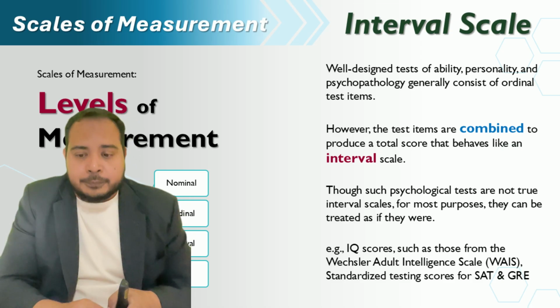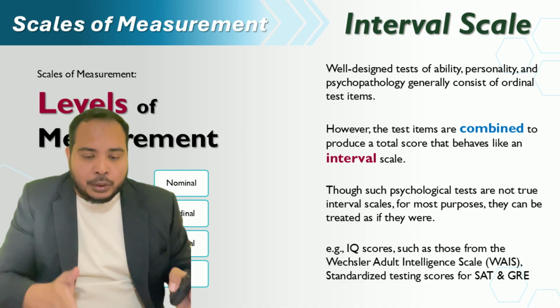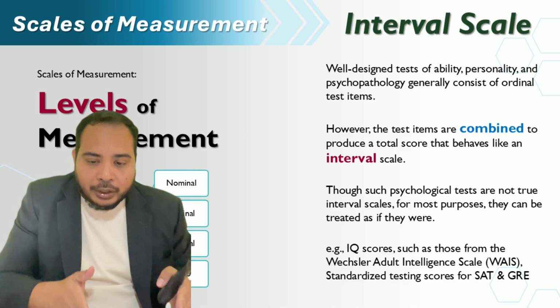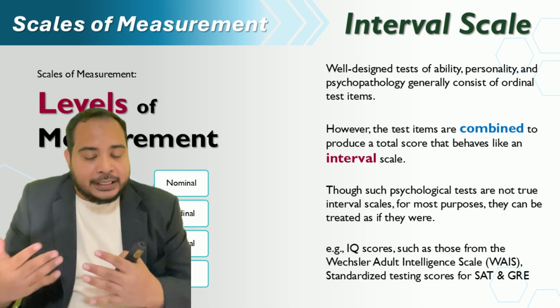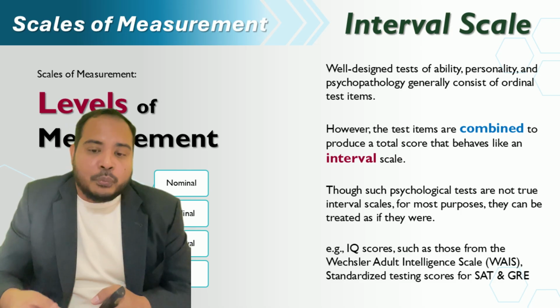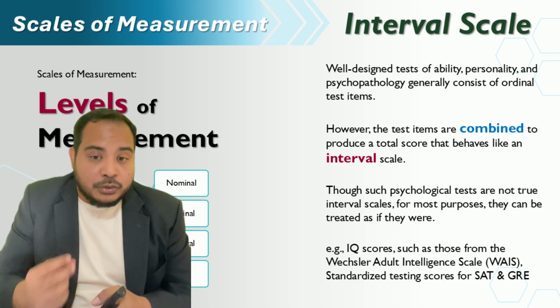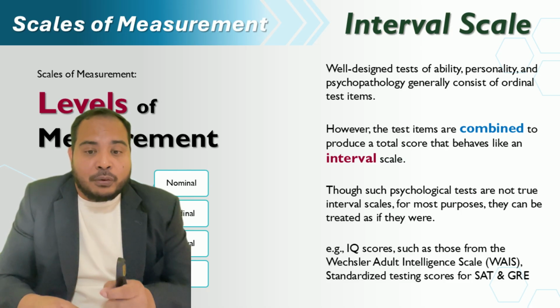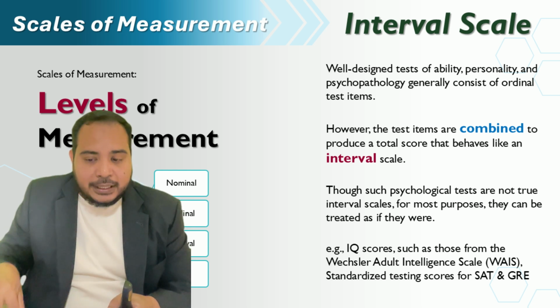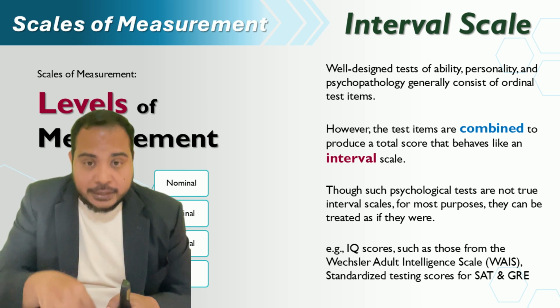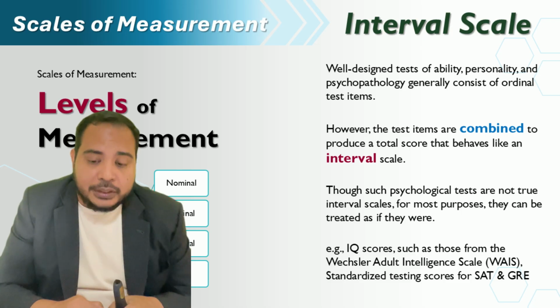So in this case, although all of these items are ordinals, they act like an interval property when we use total score rather than score for an item. Such psychological tests are not true interval scales. Originally they are ordinal scales.